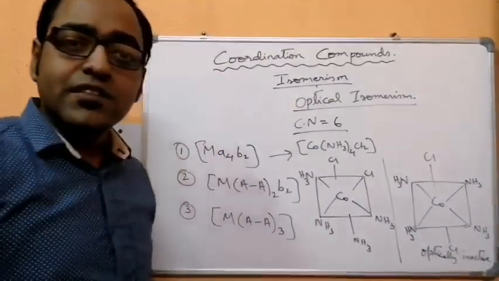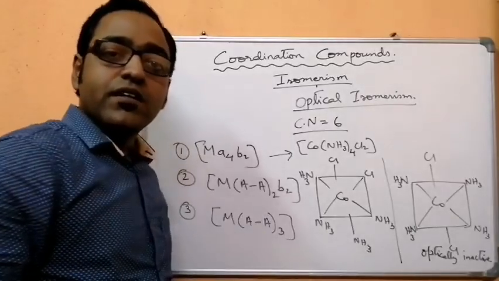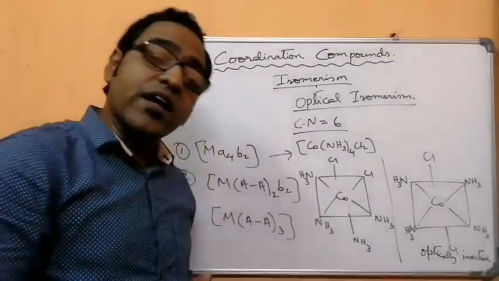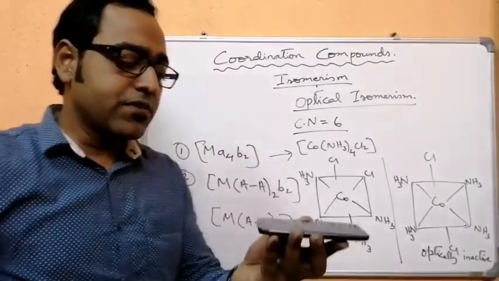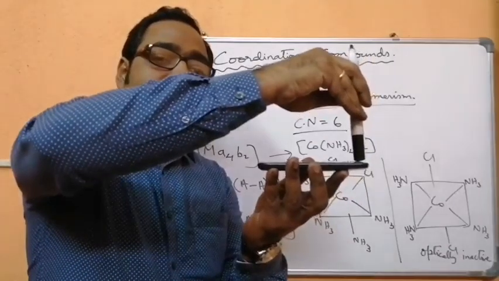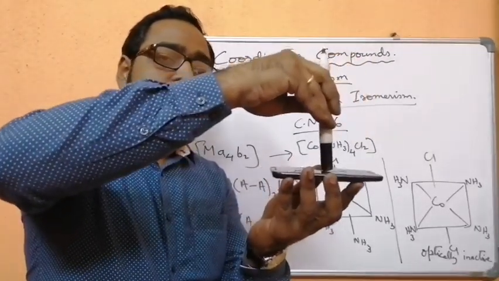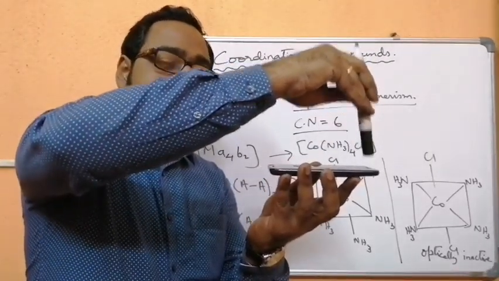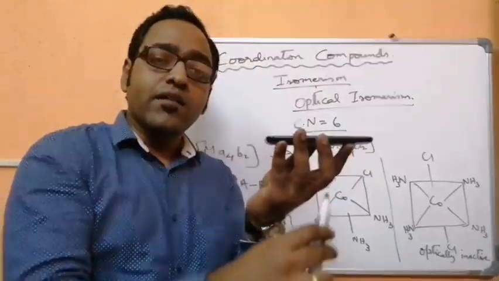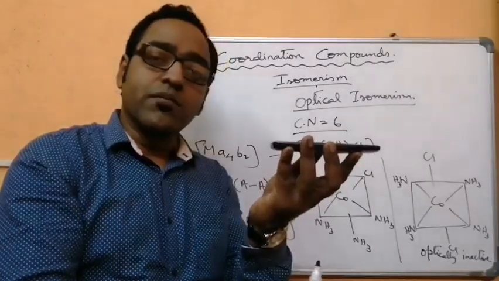But in case of cis, what happened? Cis, again, it is optically inactive. Why cis is optically inactive? See, the chlorine atom, one is above, another one is at this corner. One above, at this corner is another atom, and the rest 3 corners are ammonia ligands, and below there is another ammonia ligand.